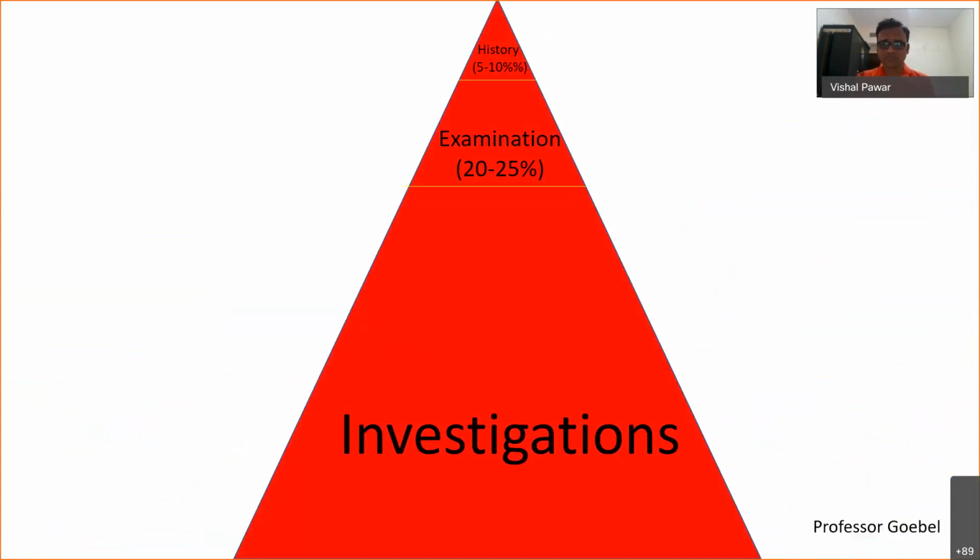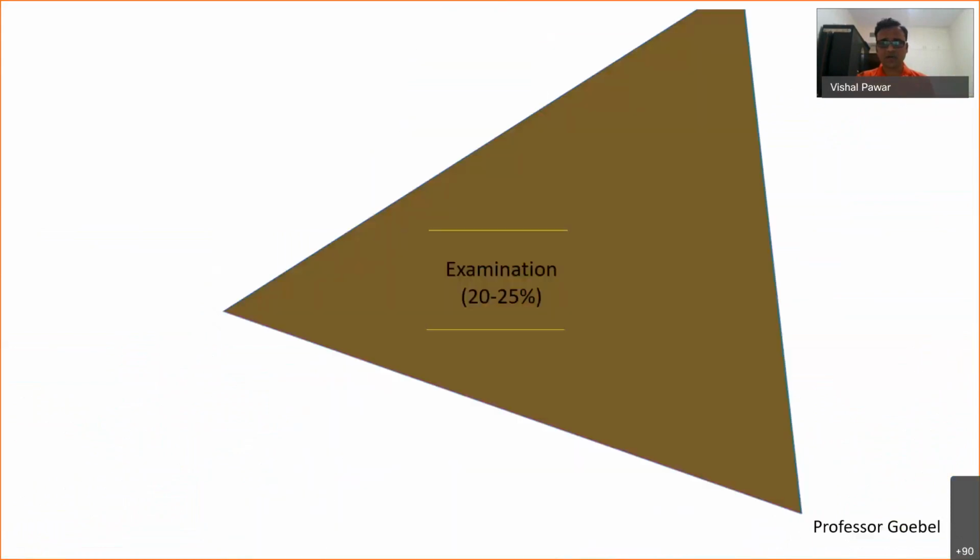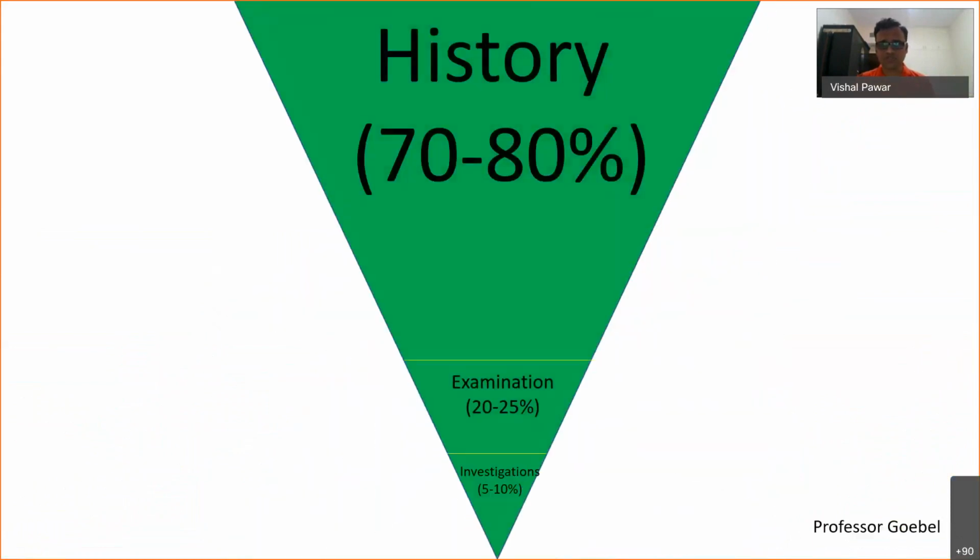I have heard in one of the talks by Professor Gobel that history forms 70 to 80% of the diagnosis. It helps in diagnosing patients 70 to 80% of the time. Just sitting in the chair, you can diagnose the patient by taking a thorough history.